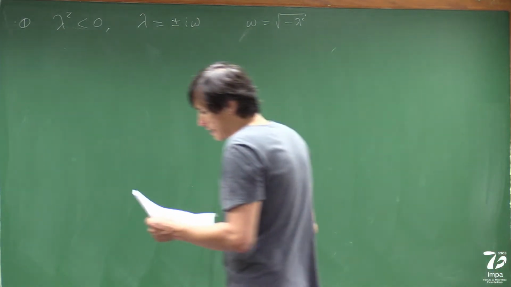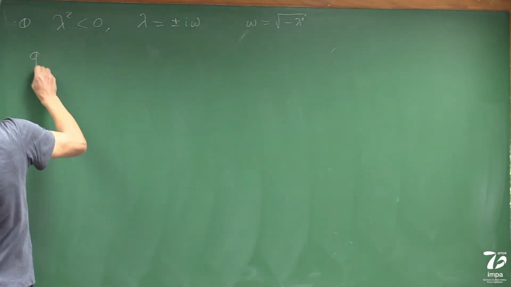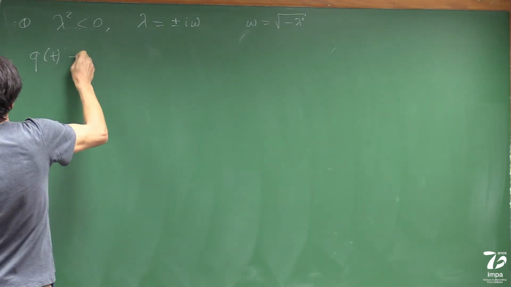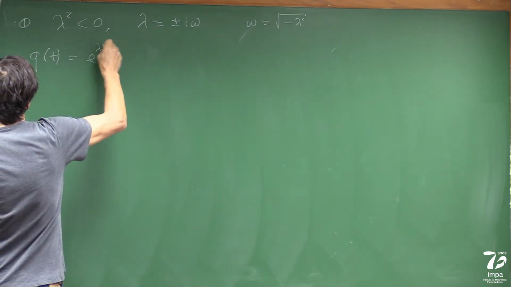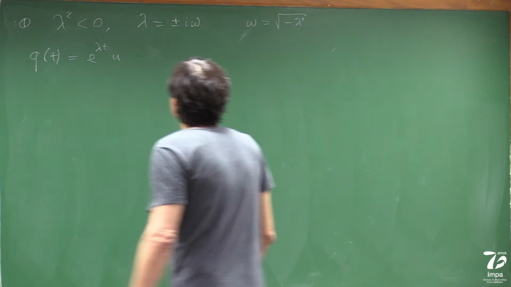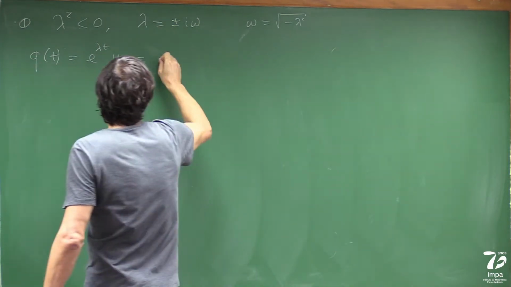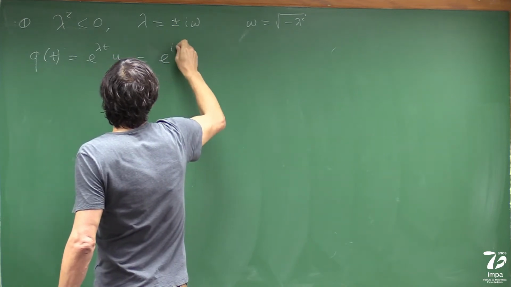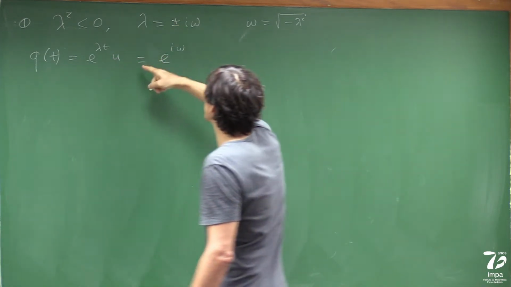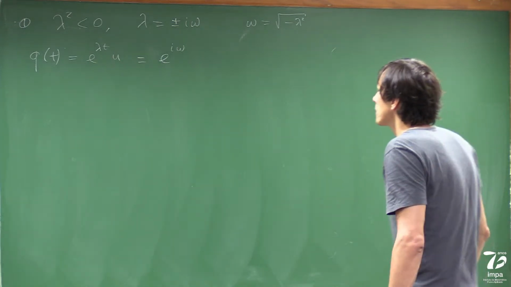In this case, the solution that we found is: U is real, but this exponential is not. Let's take the plus; whether you take plus or minus, we get the same result.